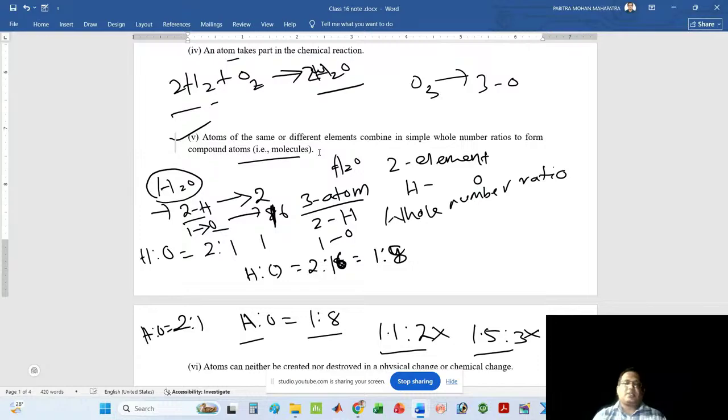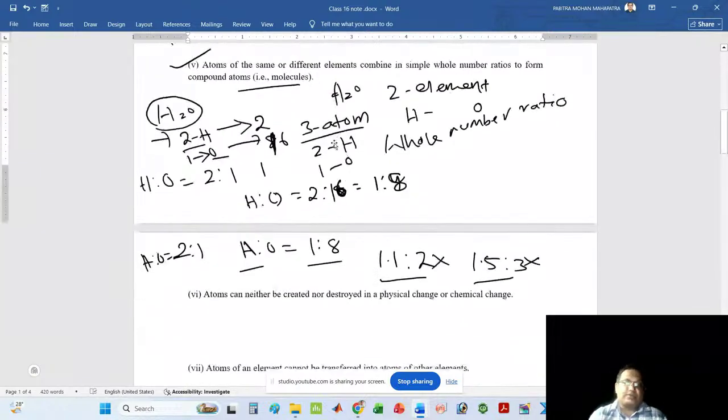As per Dalton's atomic theory, without a simple whole number ratio of atoms, you cannot form a molecule. So again, I will read: atoms of the same or different element combine in a simple whole number ratio to form the compound atom. That is, after a few days, the compound atom is considered as the molecule.